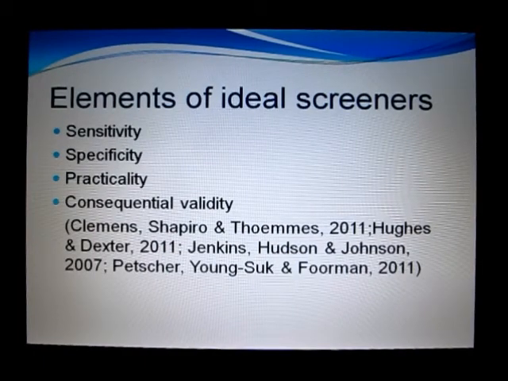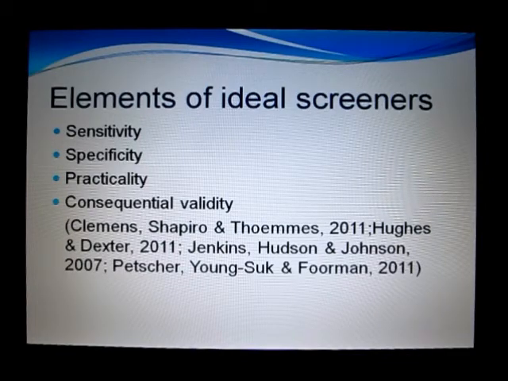The elements of ideal screeners. So these are the things that you would want to look for in a screener that would make it the most appealing of all your options for screening. The first point there is sensitivity.